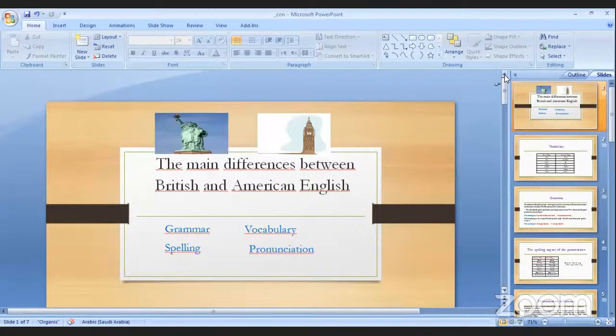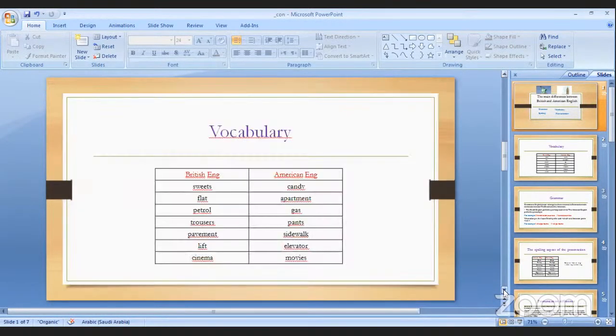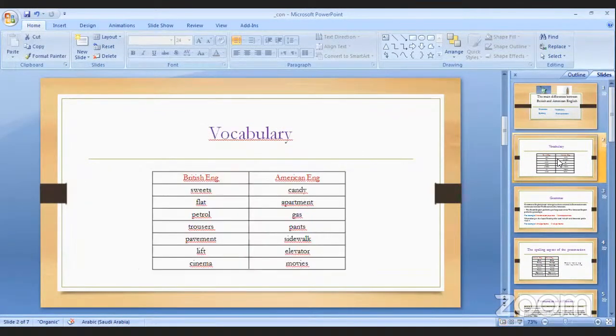Yes, Ahmed, start now, please. Okay, doctor. As I said, we're gonna show some differences between American and British English based on 4 aspects only. We're gonna start with number 1. Next slide, please. Number 1, vocabulary.